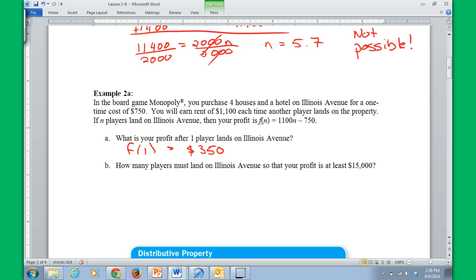For part B, the answer should have been n equals 14.32. So how many players do I have to get at least that much? 15. You round it up. So this has to round up to 15.